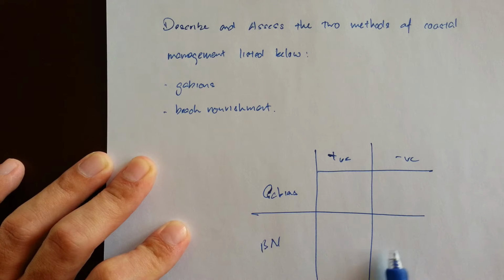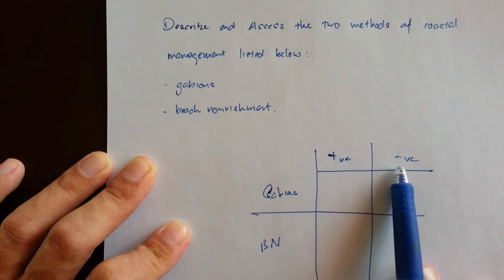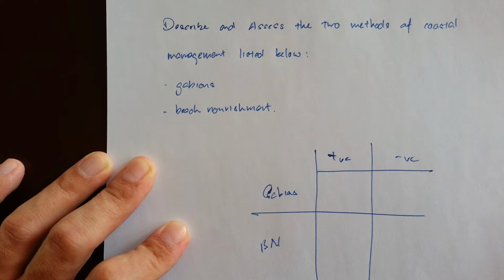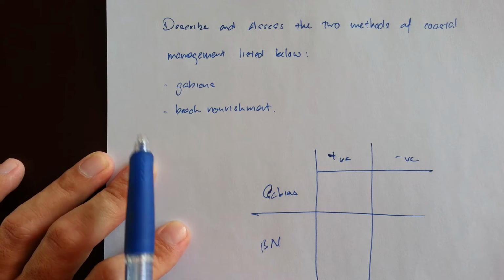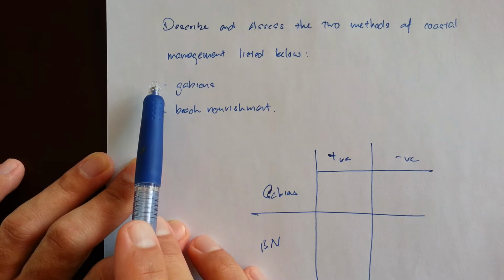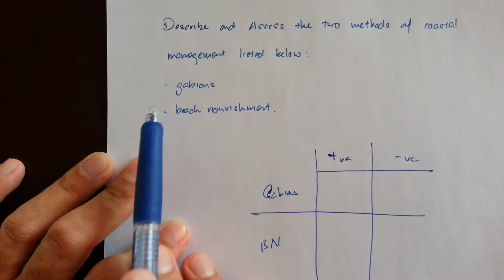Alright? So draw up a table, a planning table, and firstly put the positives and the negatives. Establish both sides. Now you realize that the positives and the negatives would be meaningless unless you list down the factors that you are here to discuss. So in this case, the factors are defined for you: gabions and beach nourishment.